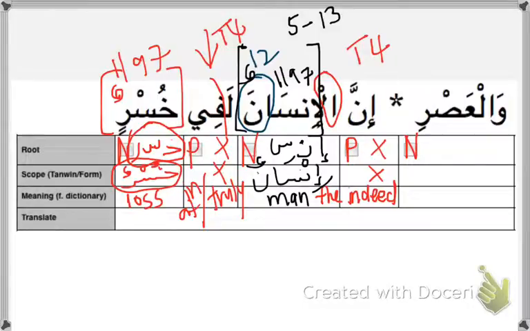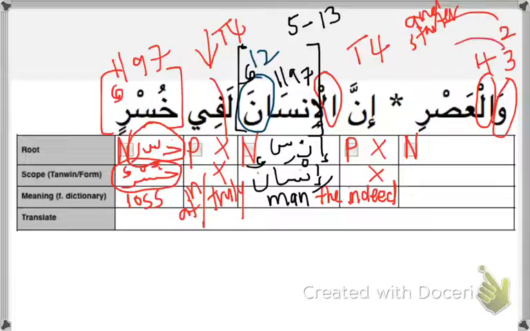Okay, man. And then the last noun would be wal-asr. Let's color this red, and then this one is number 4, and this one can be number 3 or can be number 2. If it's number 2, it can be an or starter. If it's number 3, it would be by. So how do we know it's number 3 or 2?